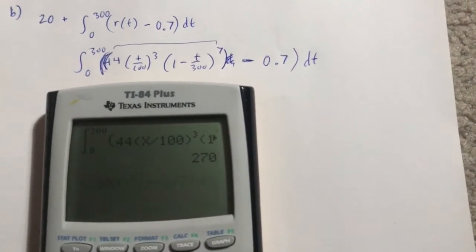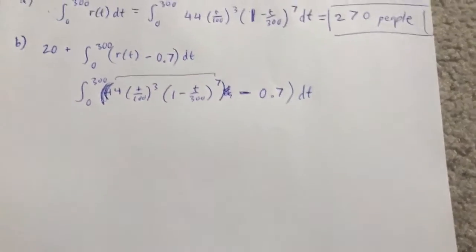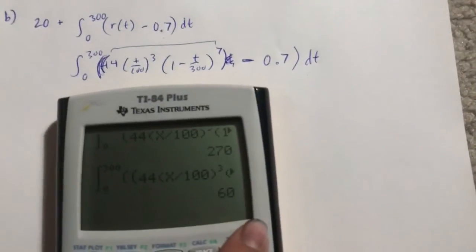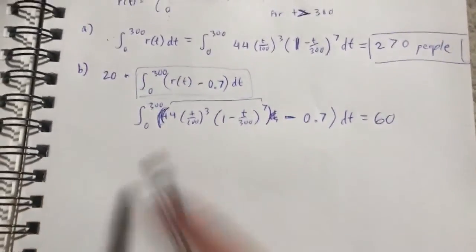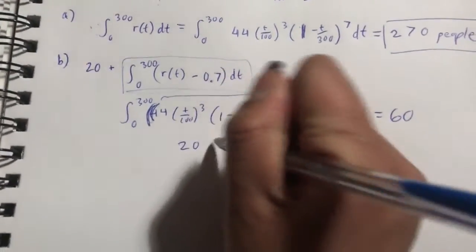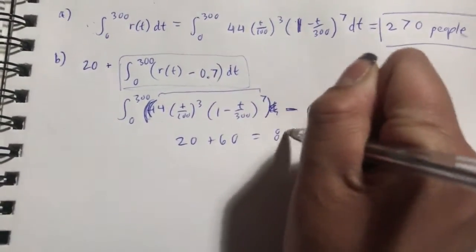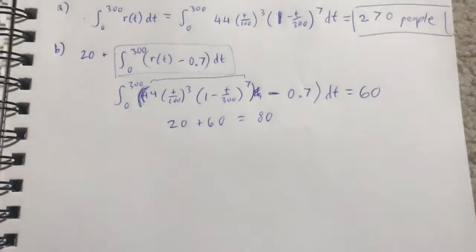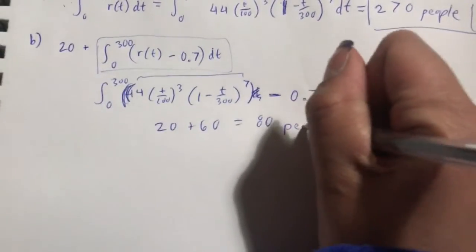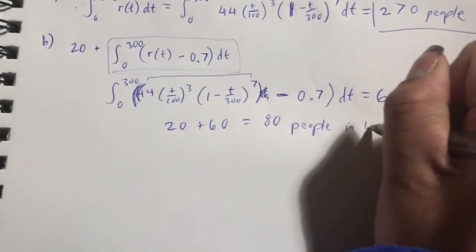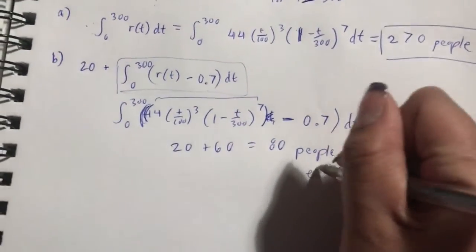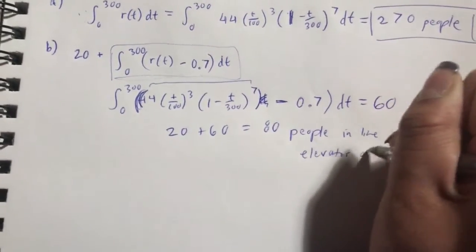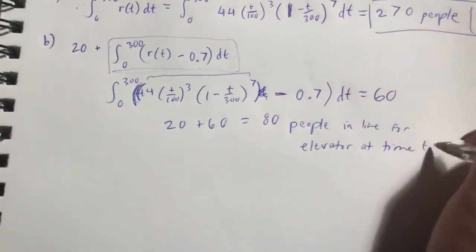Then dx. So what we got was 60, but that's just the value of that integral. So we still have to add that 20. So 20 plus 60 is 80. So that means that there were 80 people in line for the escalator at time t equals 300.